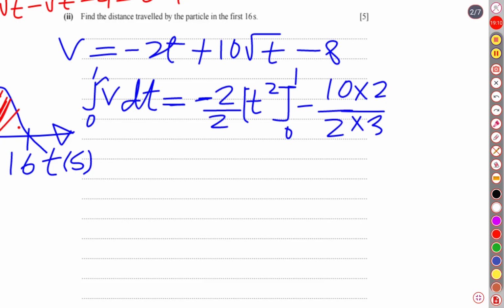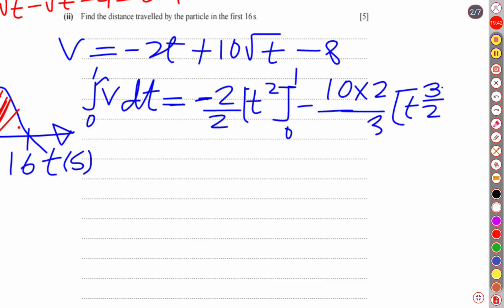Sorry, I made a mistake. We will just write the added power; we will divide by the added power. So the power of t is going to be 3 over 2.